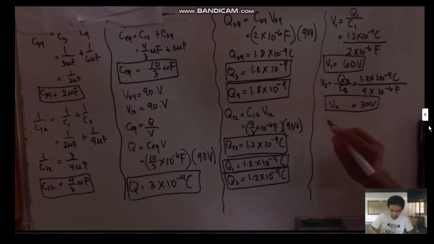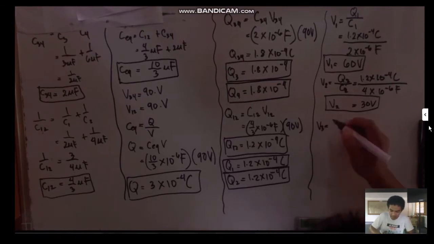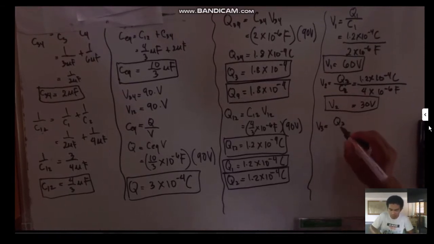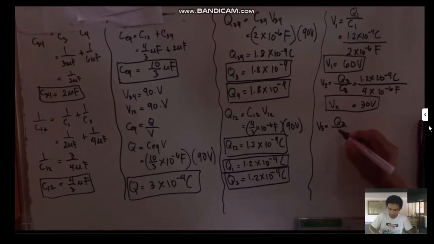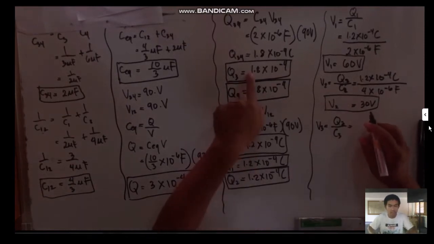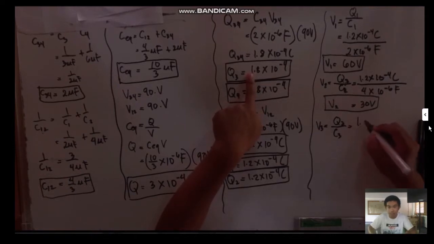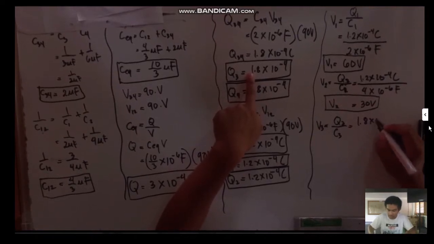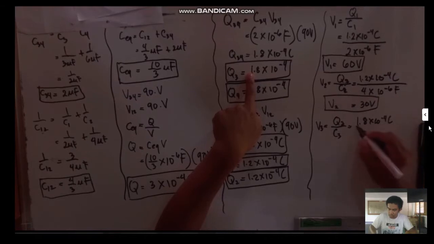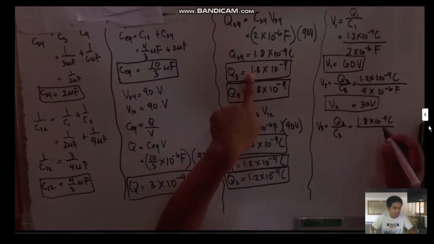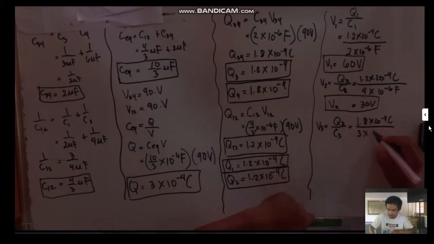How about V3? V3 is Q3 over C3. Do we have Q3? Yes, which is 1.8 times 10 to negative 4 coulomb over capacitance 3, which is 3 microfarad. So that's 3 times 10 to the power negative 6 farad.